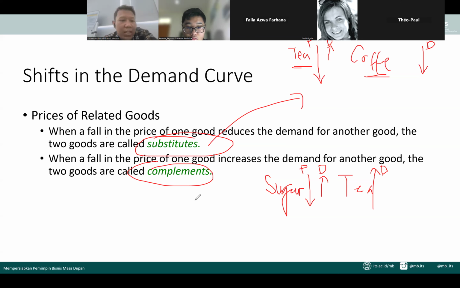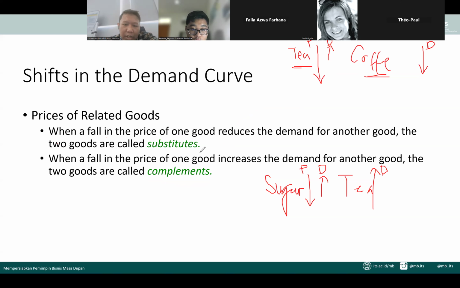So this is the rule when we have a fall in the price of one good. This is for substitutes. So let's say that the price of tea decreases, it will reduce the demand for another good.